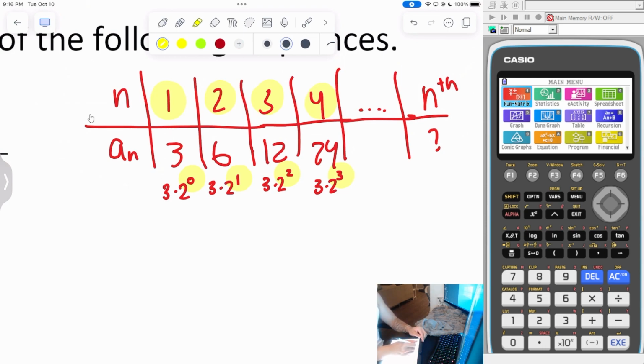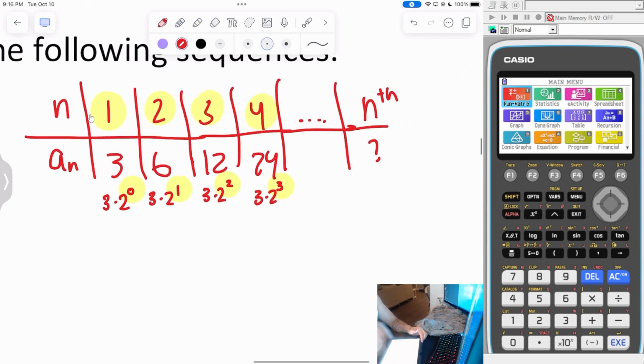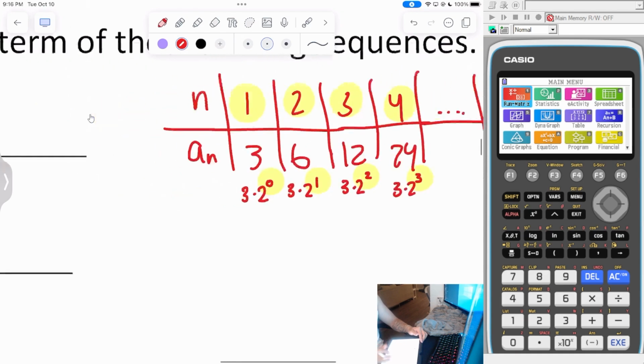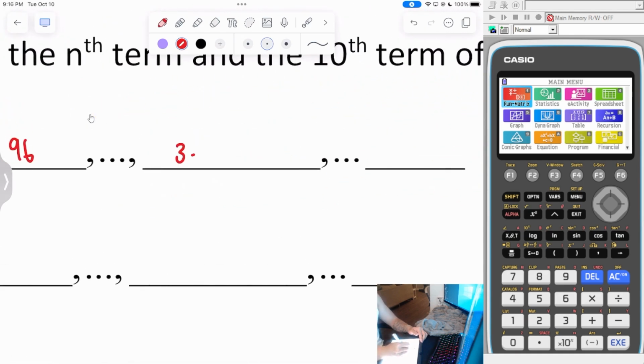So with that being said, this lets me rewrite this question mark into a formula that describes any given nth term. It would be 3 times 2 to the power of n minus 1, dependent on where I am in the sequence. Just simply subtract by 1. So there's my equation, 3 times 2 to the n minus 1.